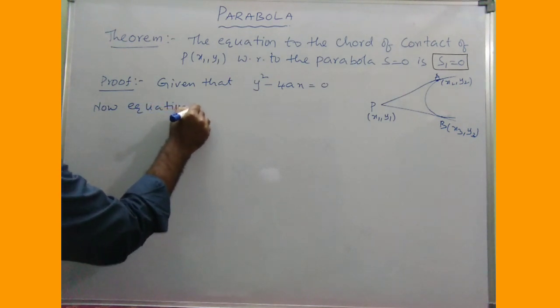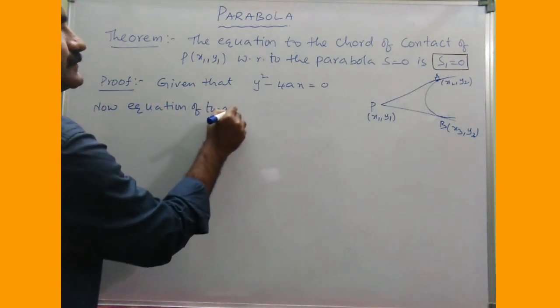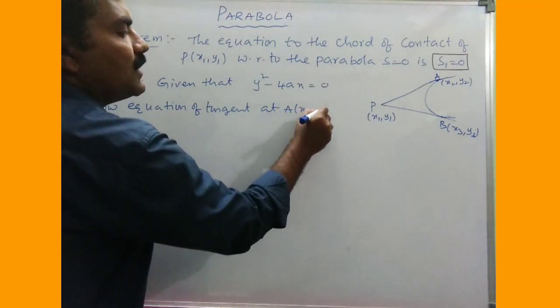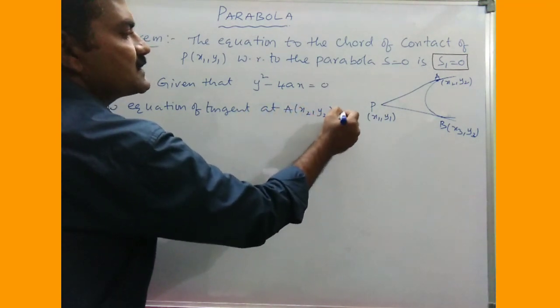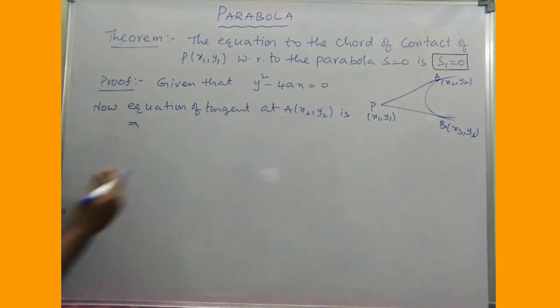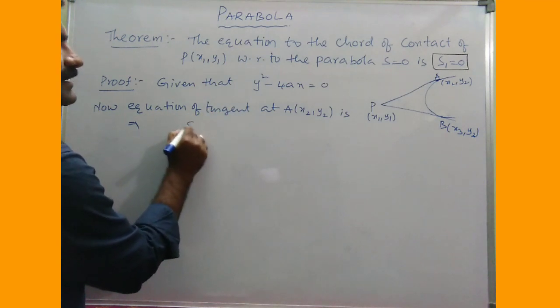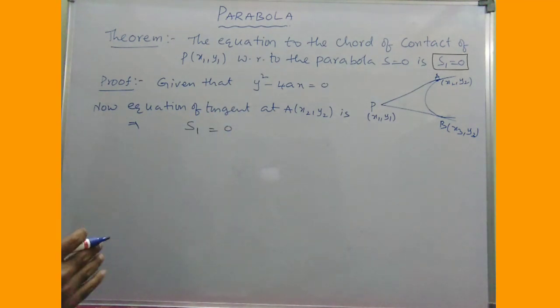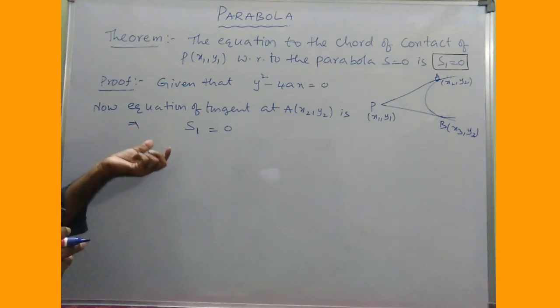Now we want the equation of tangent at A (x2, y2). Actually, my dear, the equation of tangent formula is nothing but S1 equals 0. But usually we consider that point as (x1, y1).